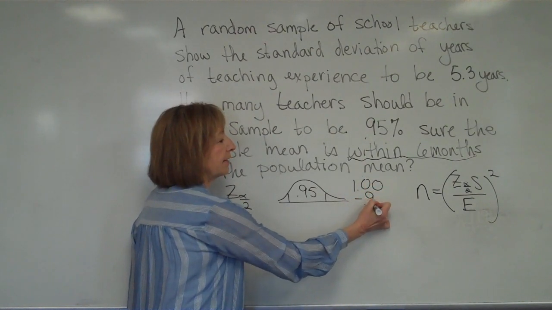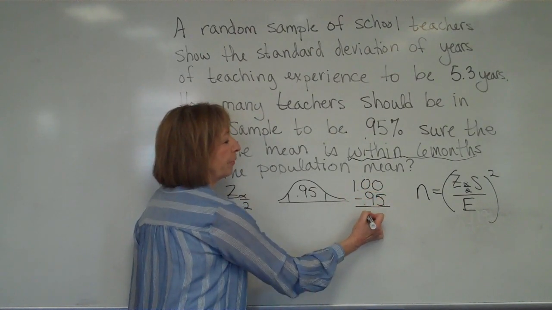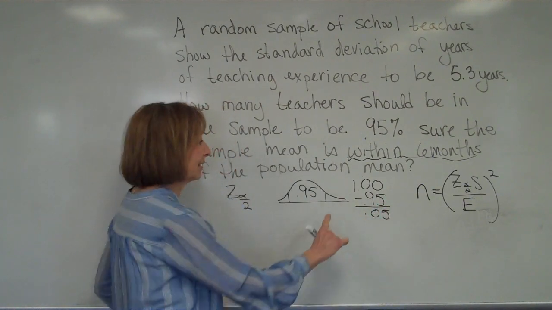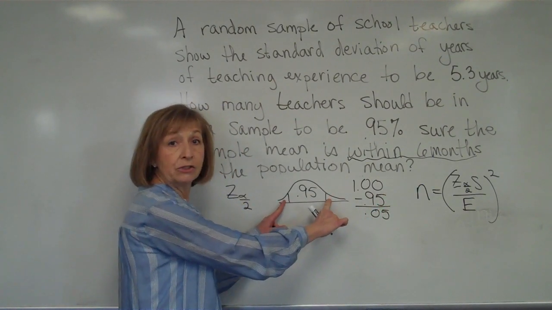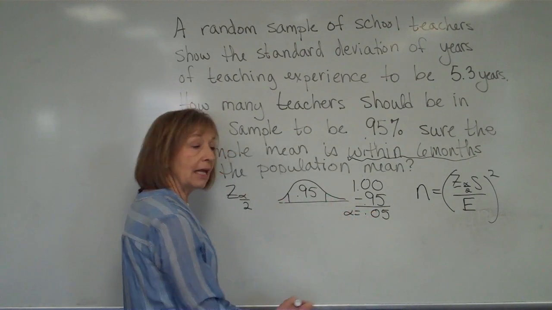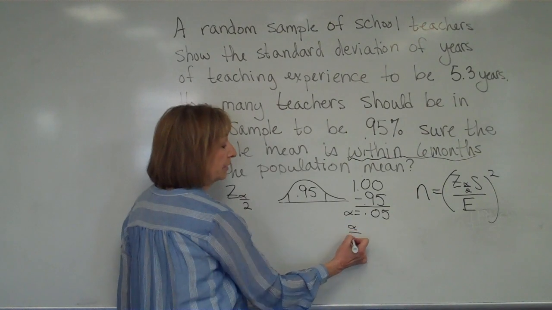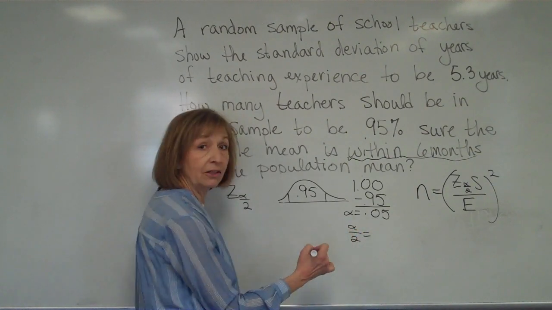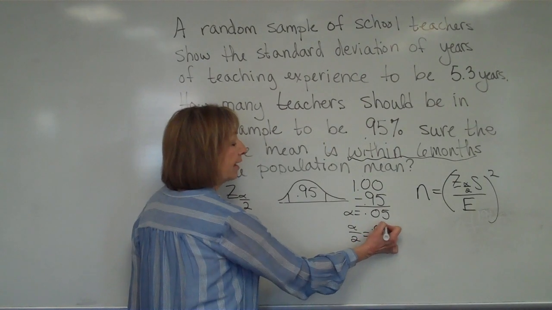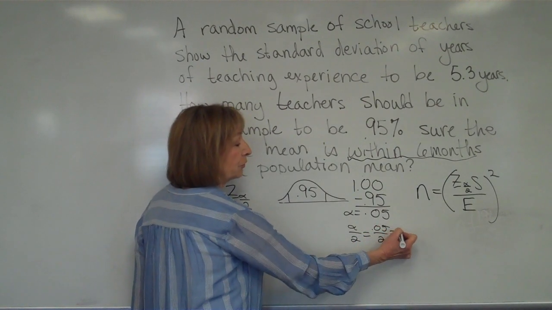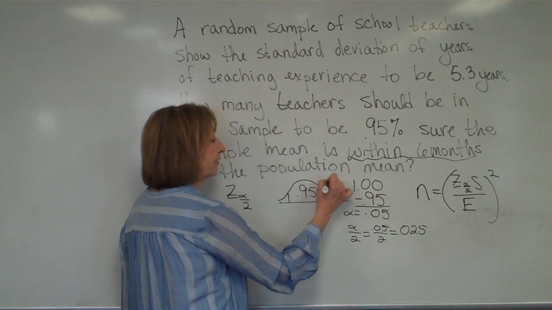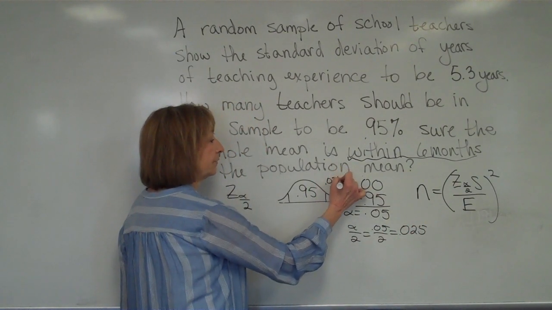We subtract the area we already know about from 1, and we see that there's a 0.05 area left to be shared amongst these two tails. That's your alpha. Now we want alpha over 2 to find out how much area is in each tail. So when I take the 0.05 and divide by 2, I get 0.025, and that's the amount of area in each tail.